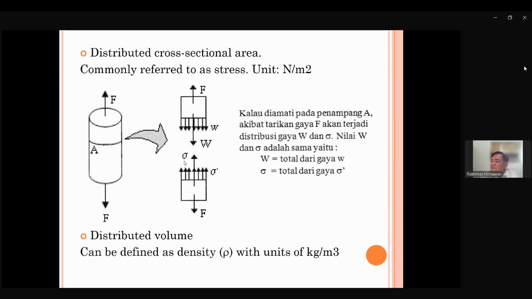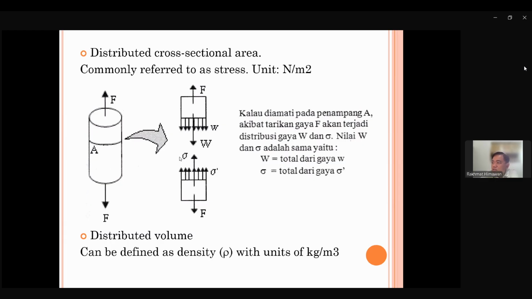If we have a rod where we take one part going up and the other part going down, then in this cross-section area we have smaller distributed force over the whole cross-section of this circular shape. Sometimes we call this a stress.